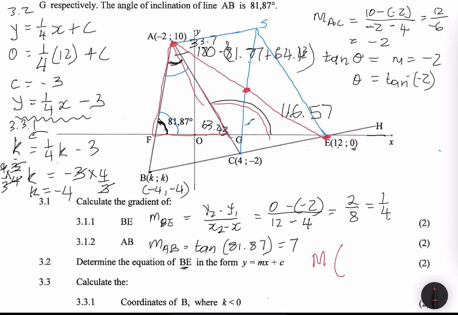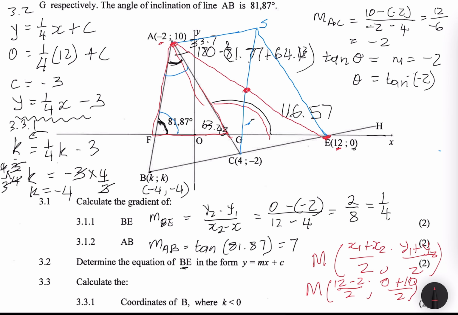for the x value, it will be 12 minus 2 over 2. Remember we always say x1 plus x2 over 2, and y1 plus y2 over 2. So my midpoint would be 12 minus 2 over 2, as well as 0 plus 10 over 2.